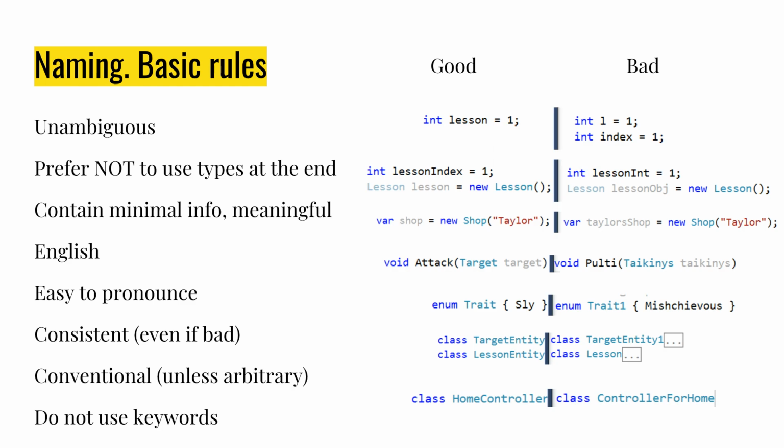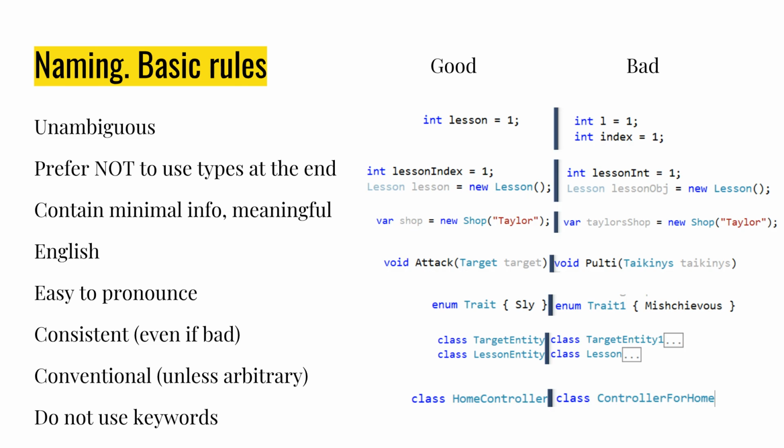So we will iterate through lesson. It shows our intention immediately. Int doesn't. Lesson should be by default an entity. That's why we don't need any prefix, and that's why it's clear what it is.